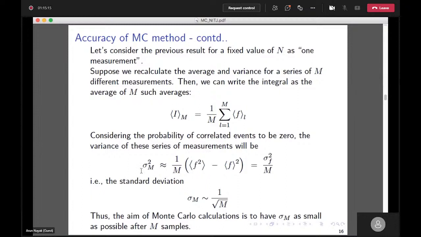That means the variance will decrease by a factor of m, or the standard deviation will decrease by a factor of 1 over square root of m. So if we have a large number of measurements, the error will decrease. Now we considered n measurements, m measurements. Now we can treat each number as also one measurement.